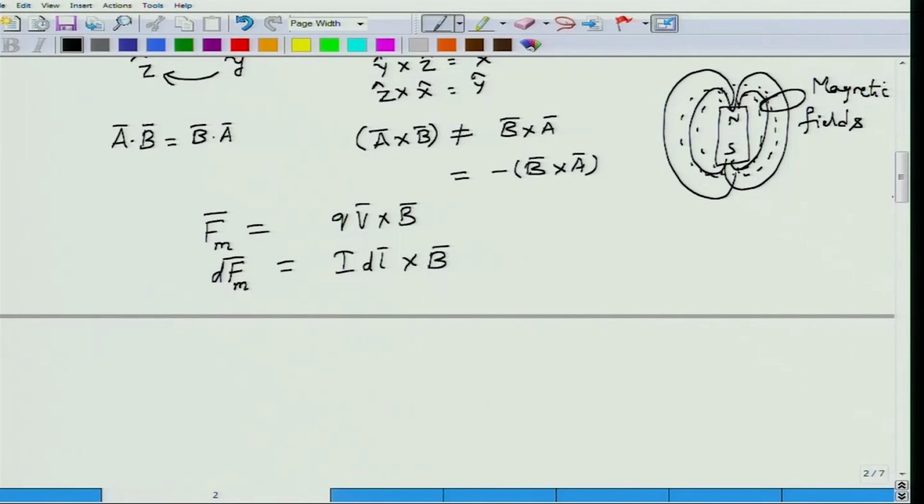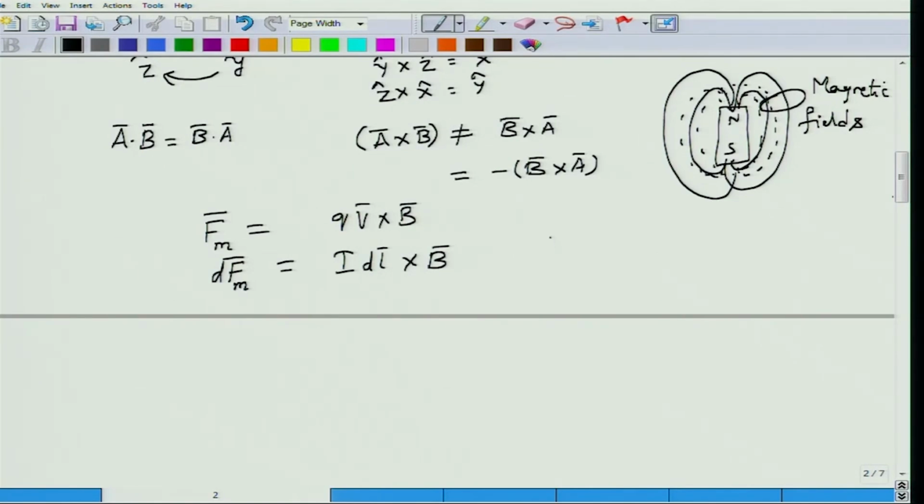This small infinitesimal force on the current carrying wire is equal to I dL, the differential line element, cross B, assuming that the current itself is not varying with time.